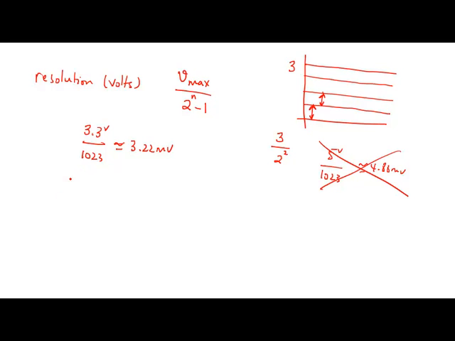All right, so resolution. If you look at this, the values from 0 volts to 3.3 volts are going to map to 0, 0, 0 up to 1, 1, 1.